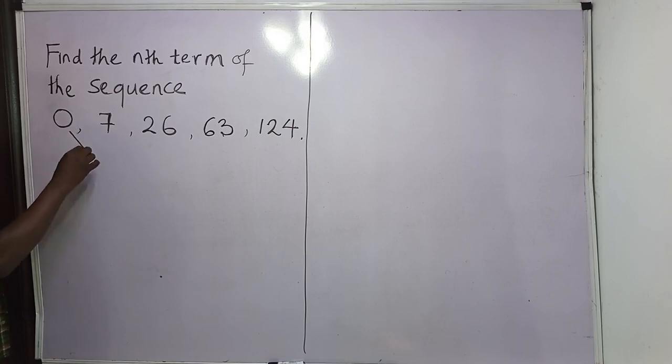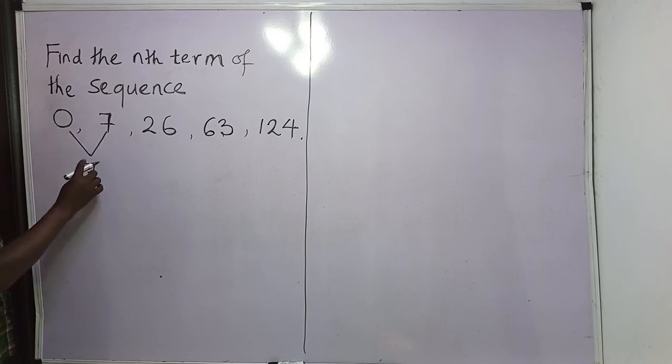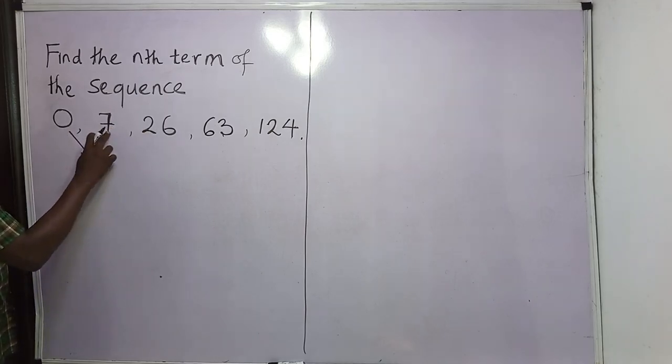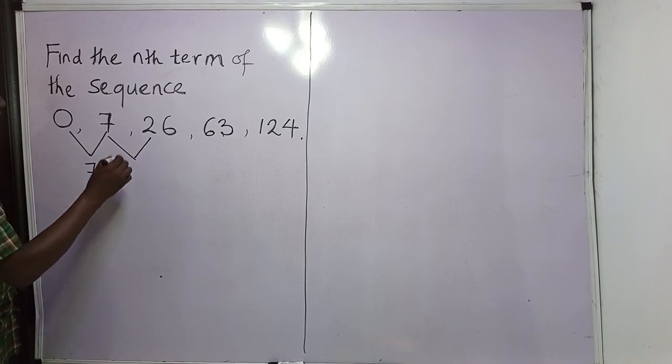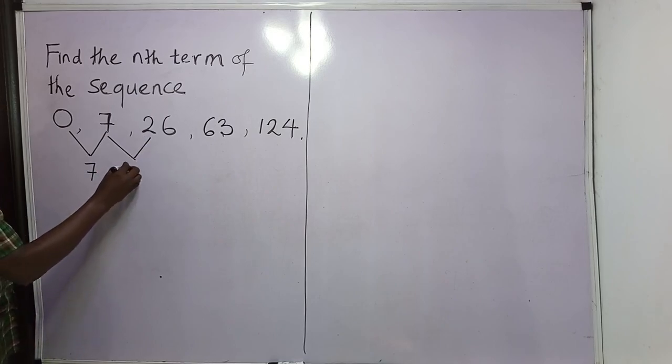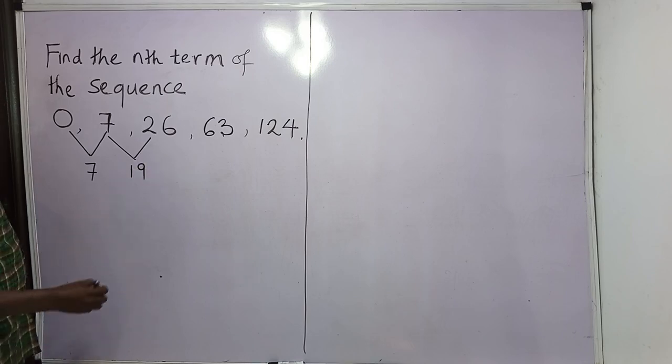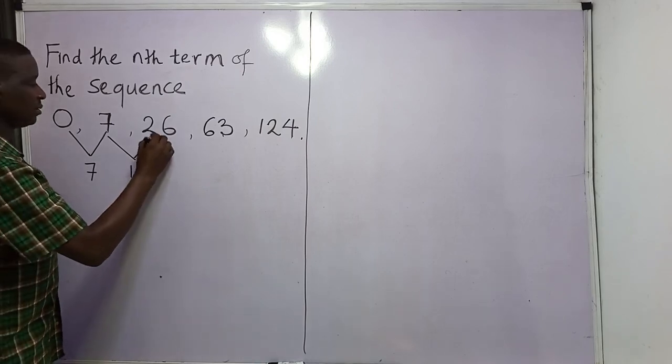Well, sequence rather. We are going to take the difference first. So when we take the difference, 7 minus 0 is 7. 26 minus 7 is 19.